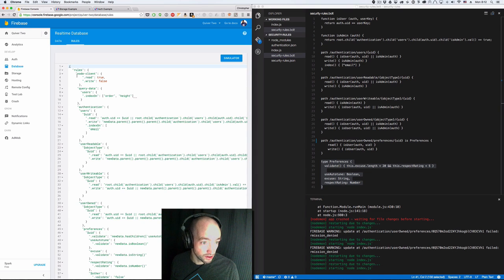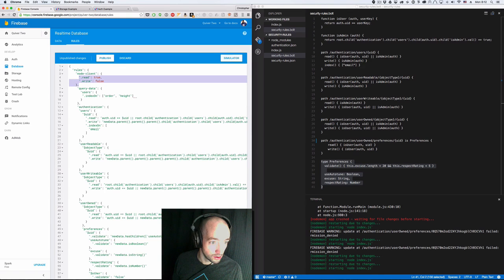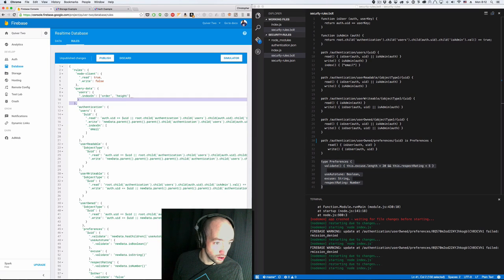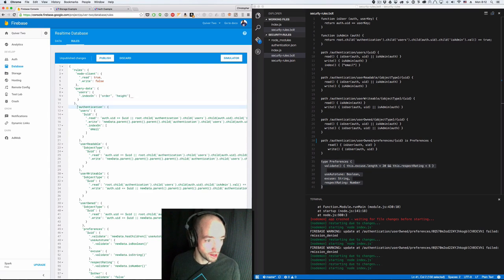Here are my rules. There's some rules for the Node client. There's some rules for, oh, this is not very well indented. Oh well. Let's not worry about that. Anyway, authentication, user owned.